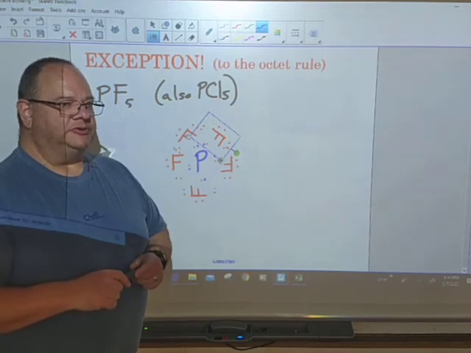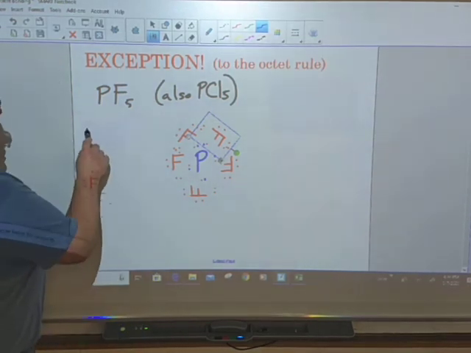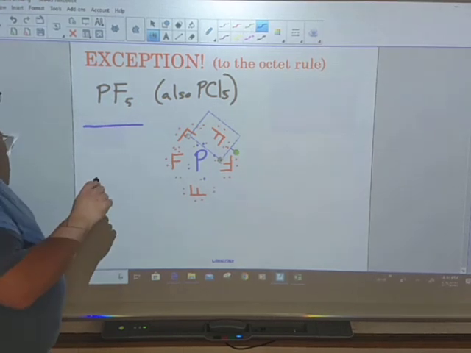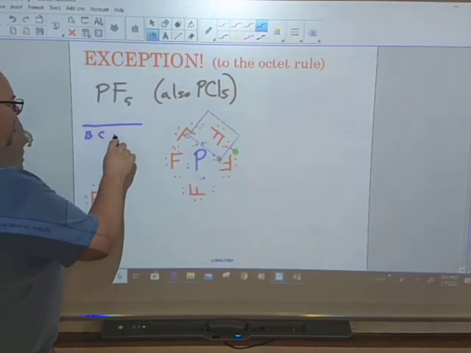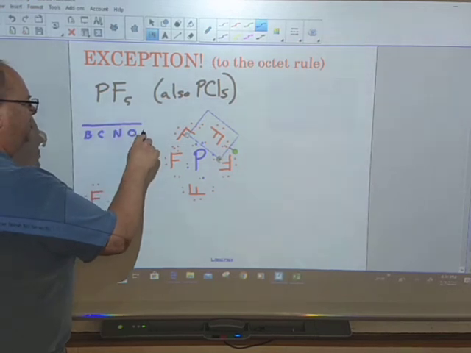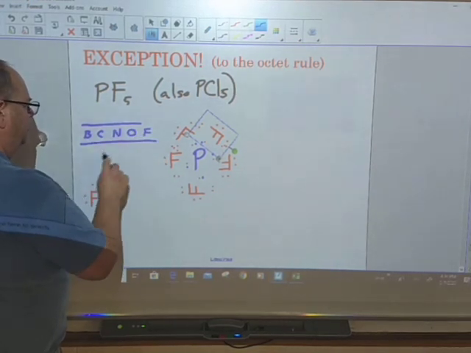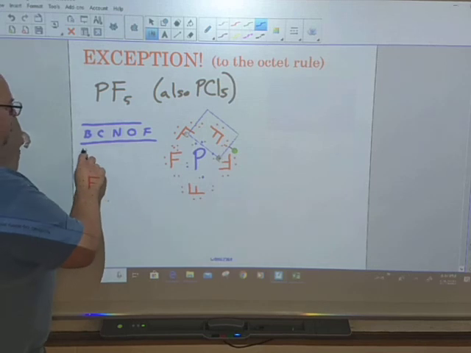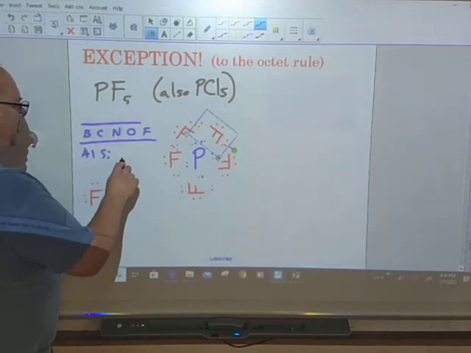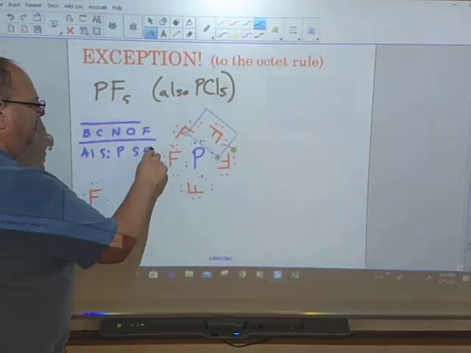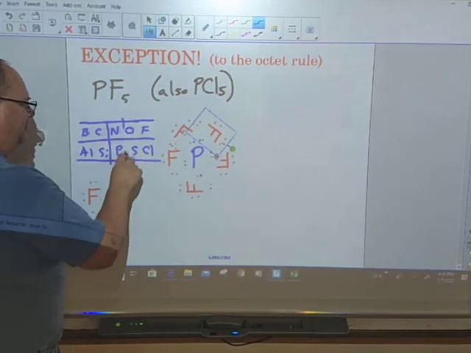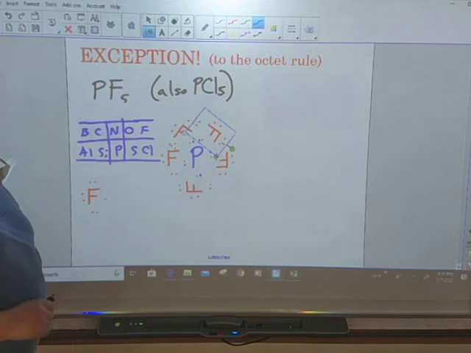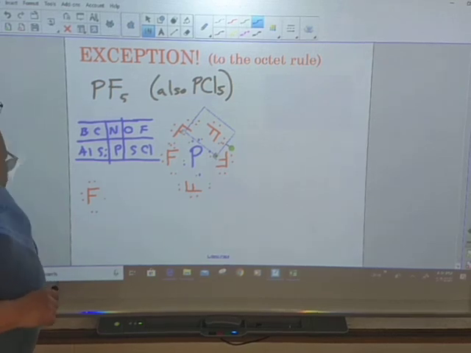But here's the good news. When you look at your periodic table, boron, carbon, nitrogen, oxygen, fluorine, aluminum, silicon, phosphorus, sulfur, chlorine. You see that phosphorus is in the 3rd period of the periodic table?